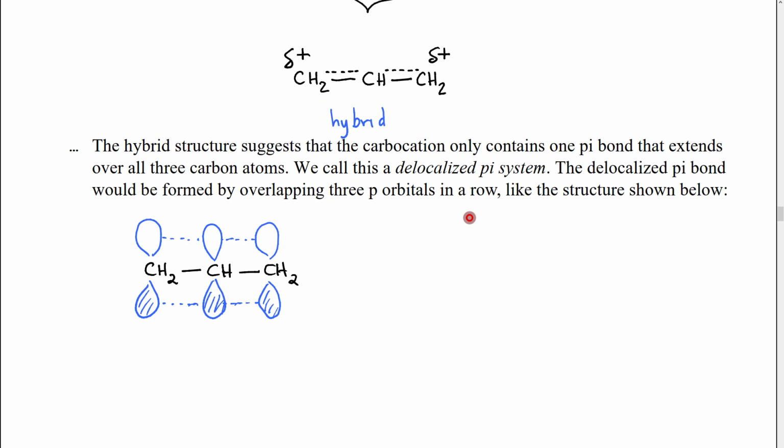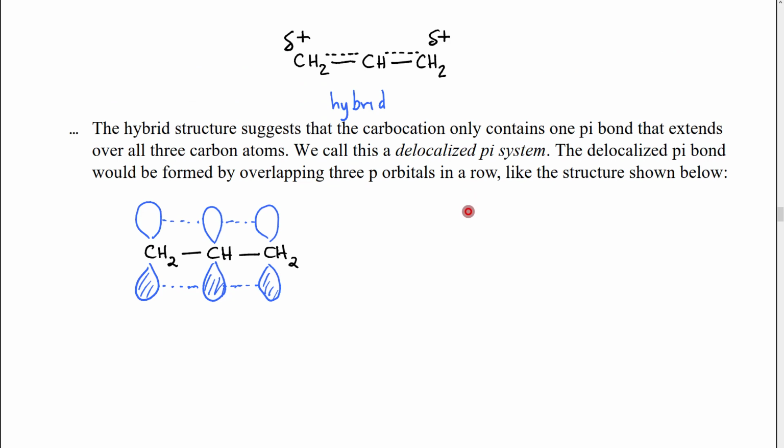What this hybrid really suggests is that the allylic carbocation doesn't contain 2 partial double bonds. What it contains is 1 pi bond that actually goes over all three atoms simultaneously by overlapping the individual p orbitals. We call this a delocalized pi system.